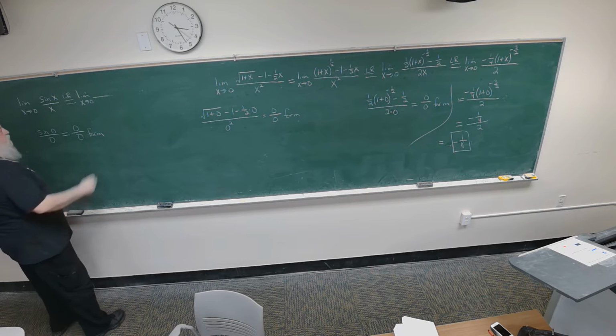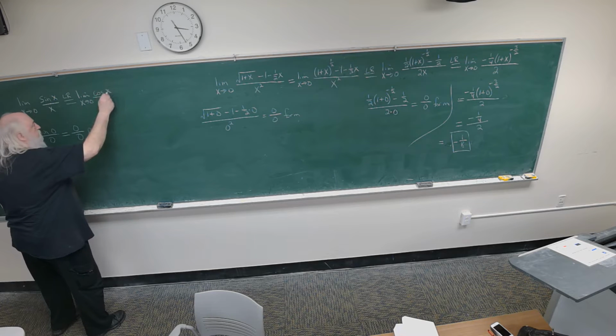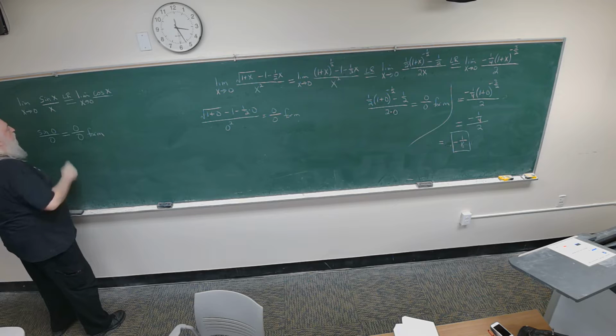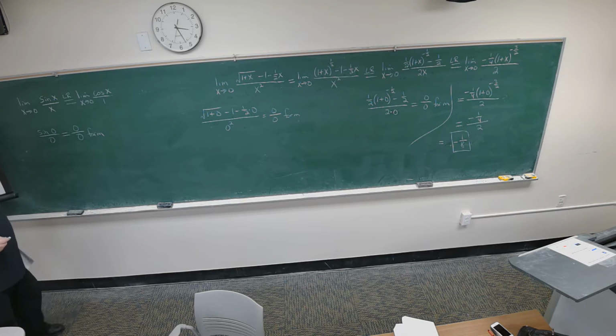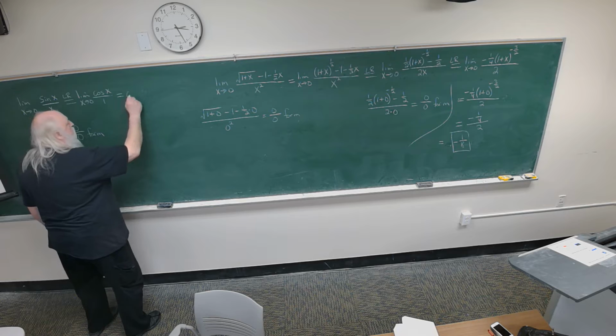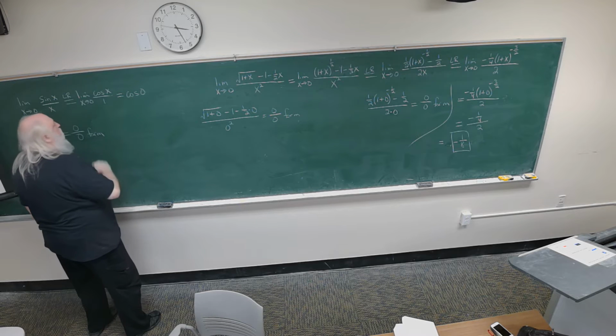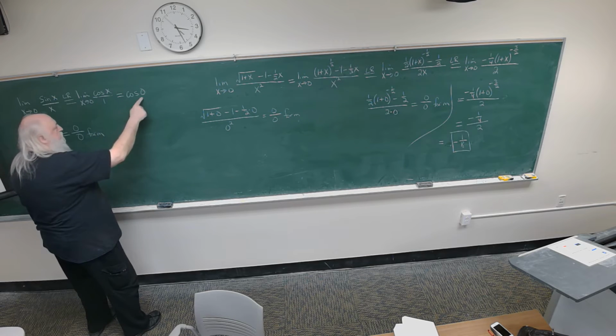The derivative of sine x is cosine x. The derivative of x with respect to x is just 1. So this limit is equal to the limit as x approaches 0 of cosine x over 1. And now we do the direct substitution. Cosine x divided by 1 is just cosine x, and the limit as x approaches 0 of cosine x is cosine 0.